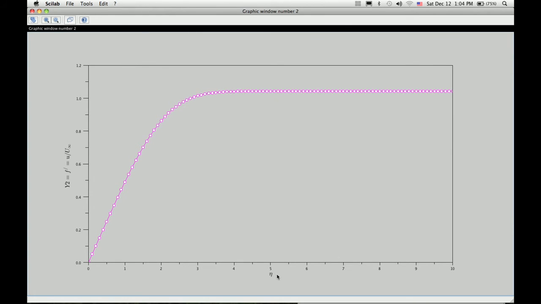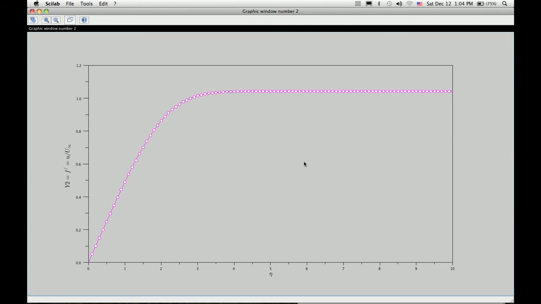From around 3.5, or to be safer, from eta equal to 4, f dash is 1. So f dash is 1 meaning that it is free stream, which means we have reached near the edge of the boundary layer.